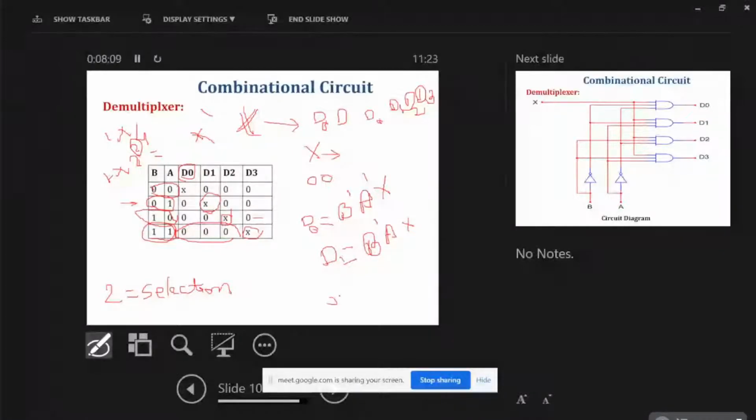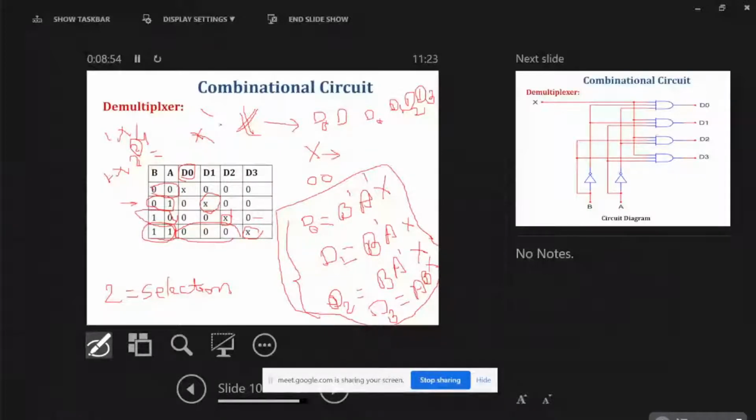For D2, it will be B A' X. And for D3, it will be A B X. Okay, so we have found the Boolean expressions for the output lines, because there are 4 output lines in this demultiplexer, and we had to find the expression for each of them.